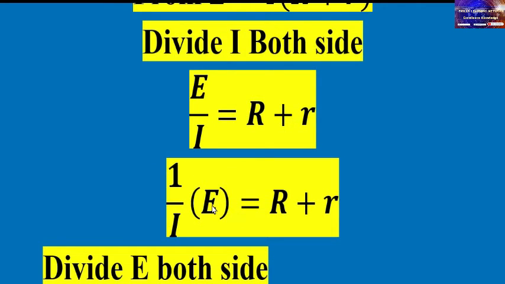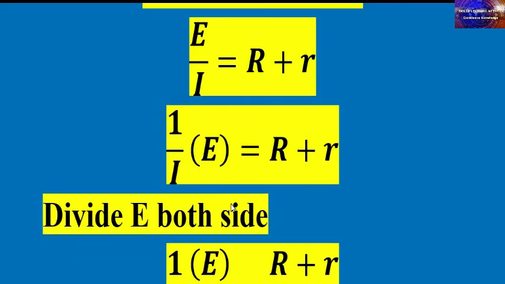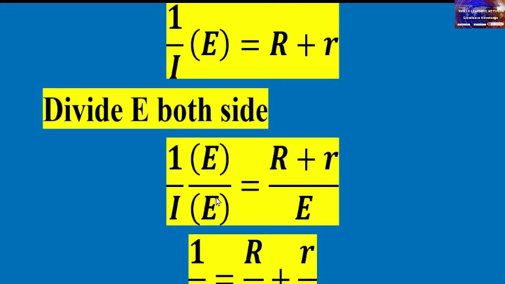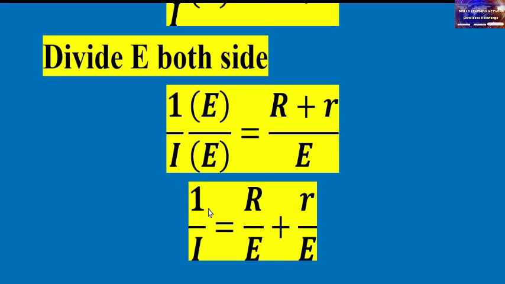We take out E.M.F from the equation in order to get 1 over I. 1 over I is equal to (R plus r) over E. Then we divide both sides by the electromotive force E. So 1 over I is equal to R over E plus r over E.